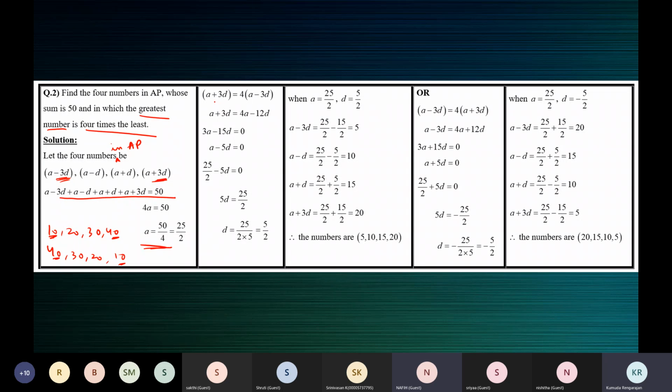Here we have taken A plus 3D as the greatest term. If A plus 3D is the greatest number, then A plus 3D is 4 times the least. Or if A minus 3D is the greatest number, it is 4 times the least.